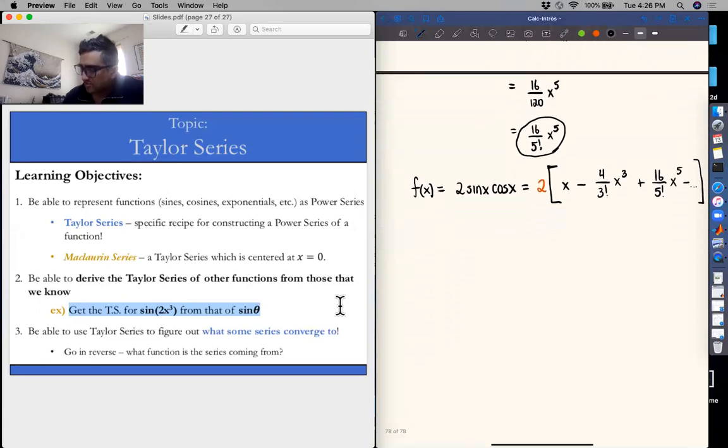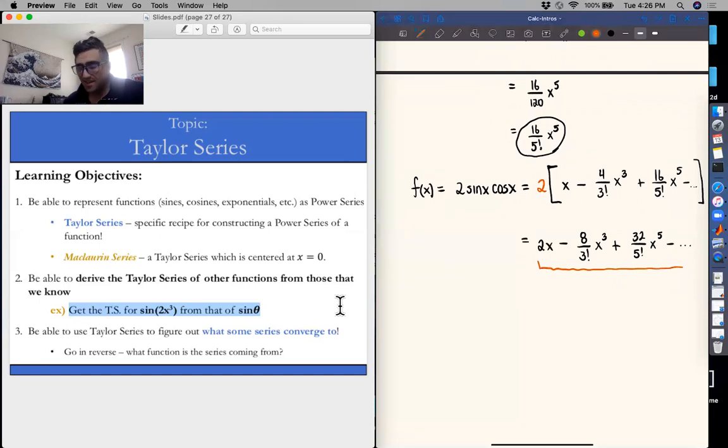And in fact, let's just multiply that 2 in. So this is equal to 2x minus 8 over 3 factorial x cubed plus 32 over 5 factorial x to the 5th minus and so on. And the reason I wanted to bring this up is because we've actually already seen these terms today in this video.